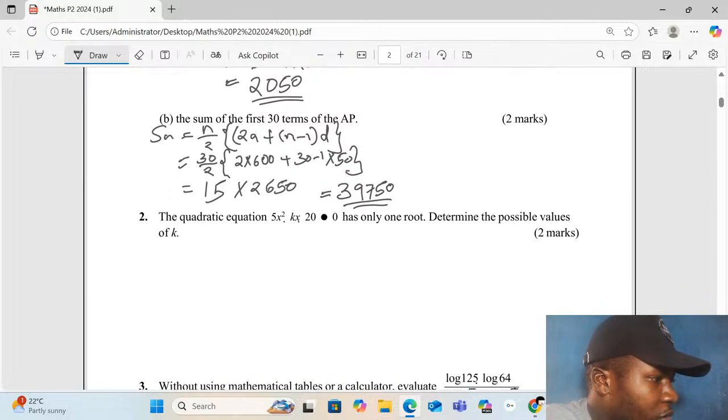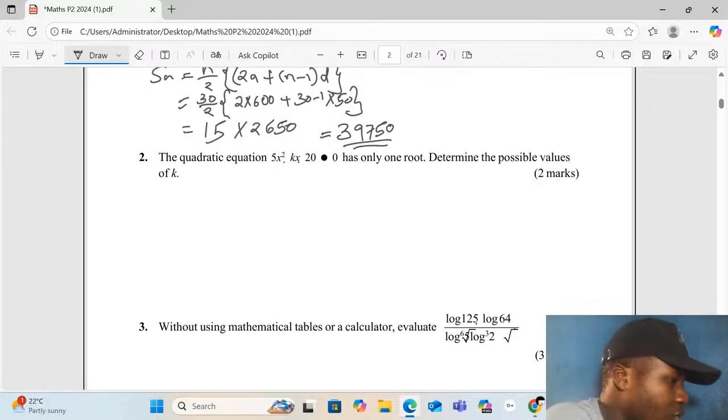Then question 2 reads: the quadratic equation 5x squared plus kx plus 20 is equal to 0 has only one root.